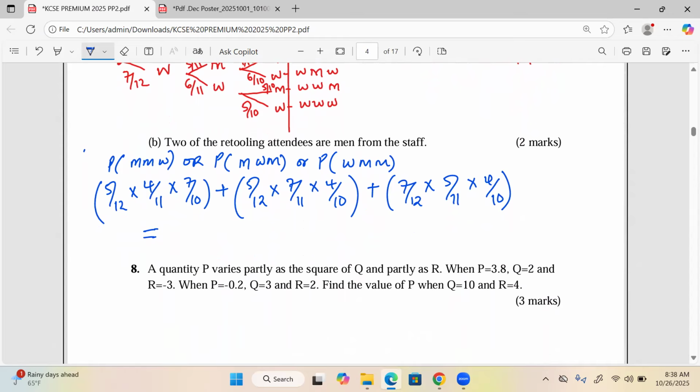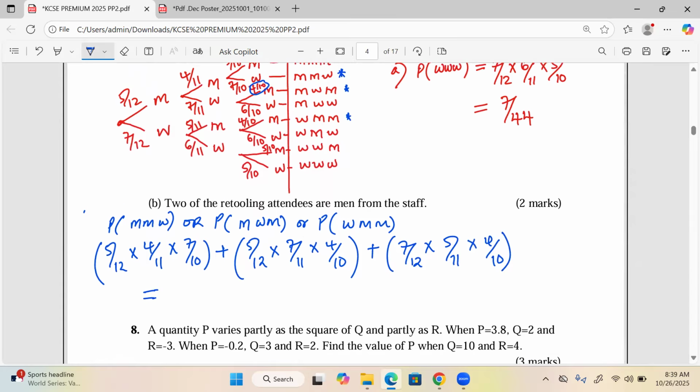Allow me to work it out, actually. Allow me to use one step. These are only 2 marks. So once you express like that, we should expect you now at the answer point. 5/12 by 7/11 by 4/10. Then plus, we start with 7/12 multiplied by 5/11 multiplied by 4/10.